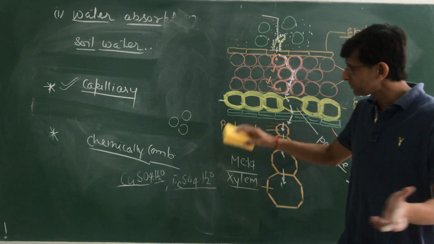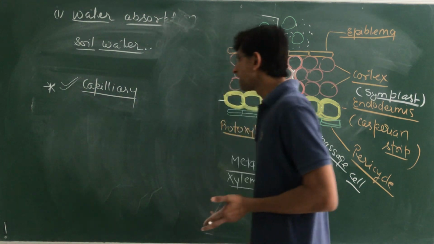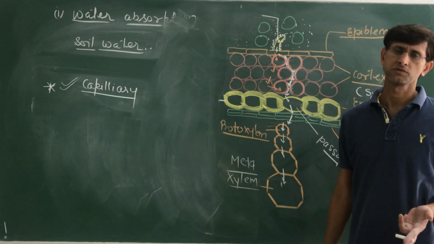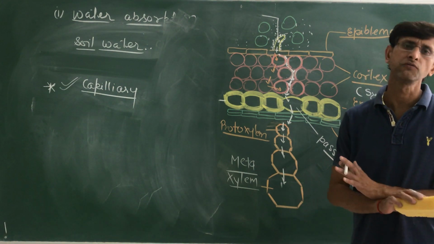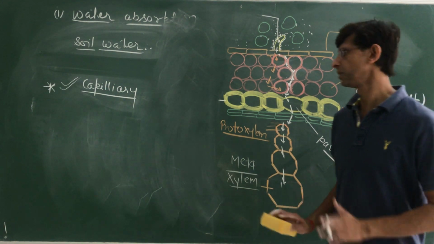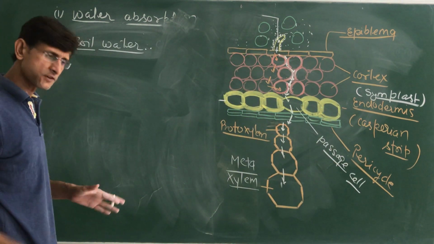So from all types of soil water, the only water which can be available for plants is the capillary water. Capillary water is the water of use. All other types of soil water are of no use for the plants. Okay. An important chemical term is also used for soil water.